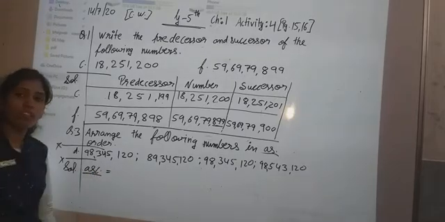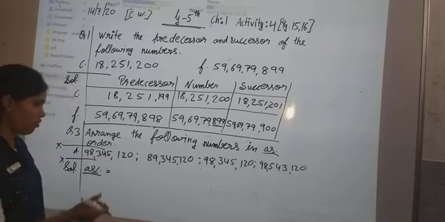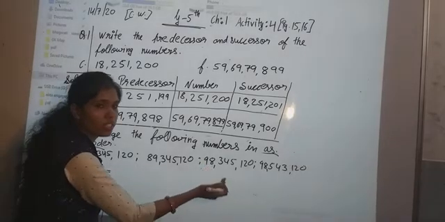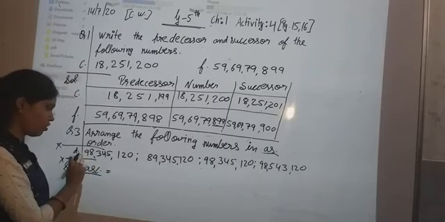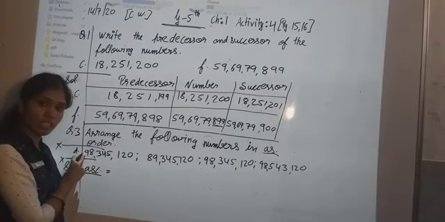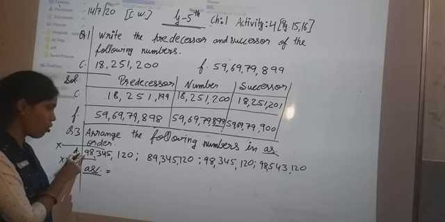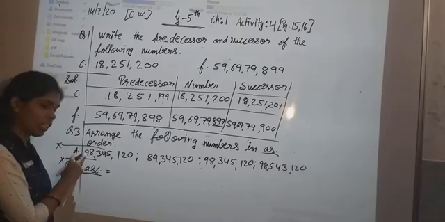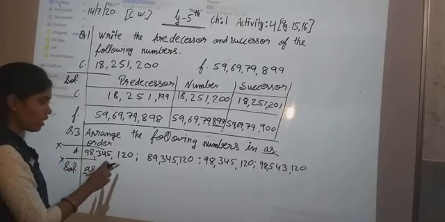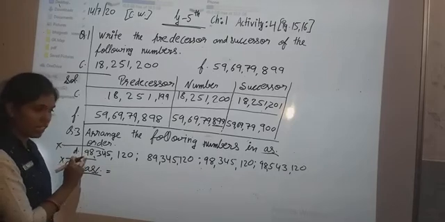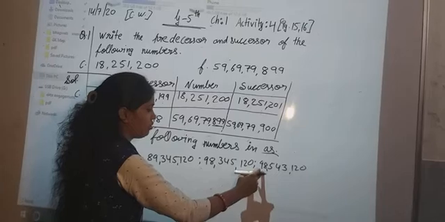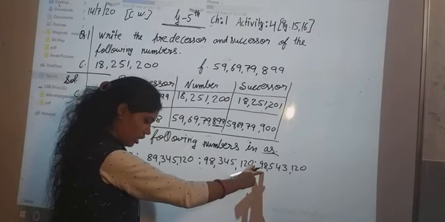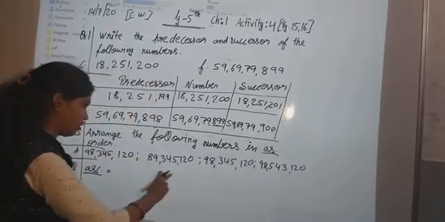We have to find out the smallest number from all the numbers. So we will always start from the largest place. This one is million. 9 million, 8 million, 9 million. Again we have 9 million.